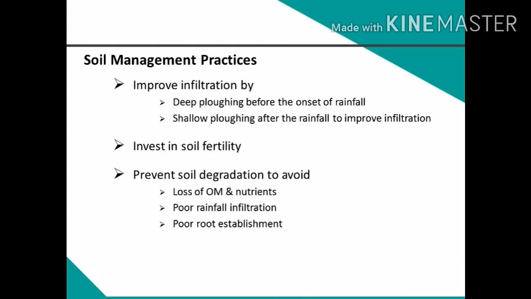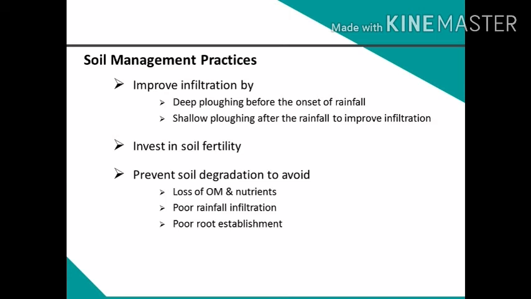Soil management practices for improving water use efficiency should aim at improving water infiltration by deep plowing before the onset of rainfall and shallow plowing after the rainfall to prevent evaporative losses and to improve infiltration.